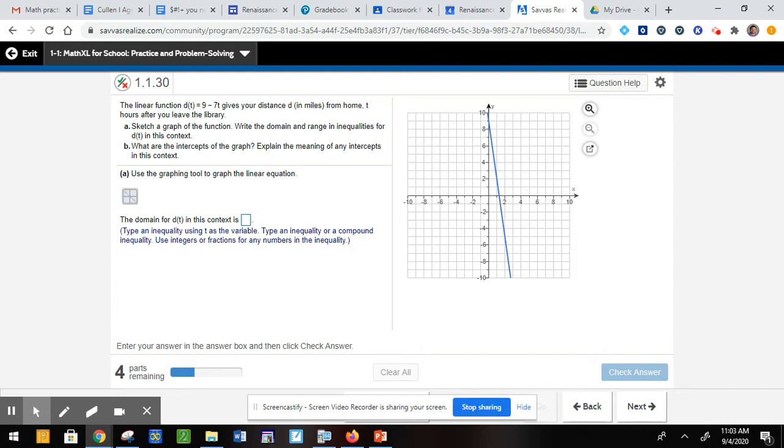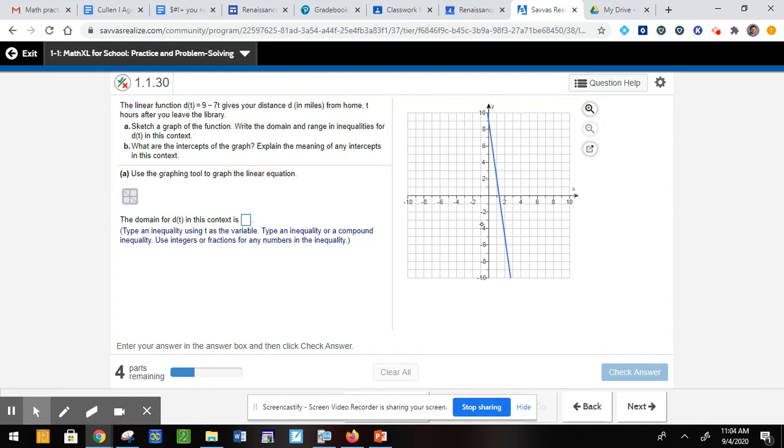It says the domain for d of t in this context is, well, what that means is, the domain of the line would be all real numbers. However, in this case, in this context, you have to stay in the first quadrant, meaning I can't go negative for the x value, or in this case, the t value, because time can't be negative.